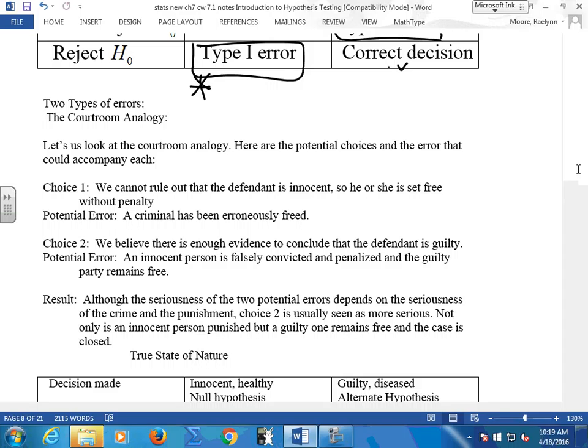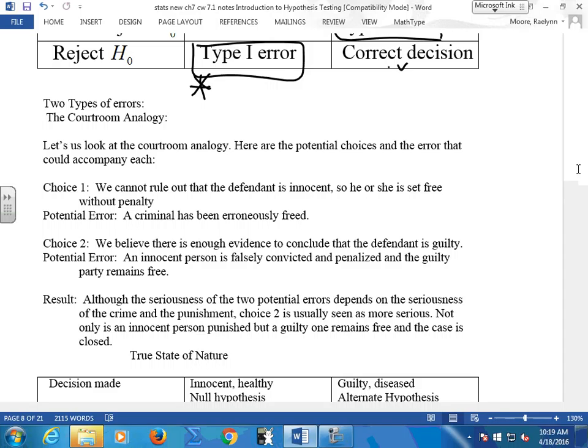Potential error: a criminal has been freed by accident. We should have processed him, but we didn't. Reasonable doubt, not enough information, whatever, we let him go. Choice 2, we believe there is enough evidence to conclude that the defendant's guilty. Possible error: the defendant was really innocent, and we convicted and put him in jail.